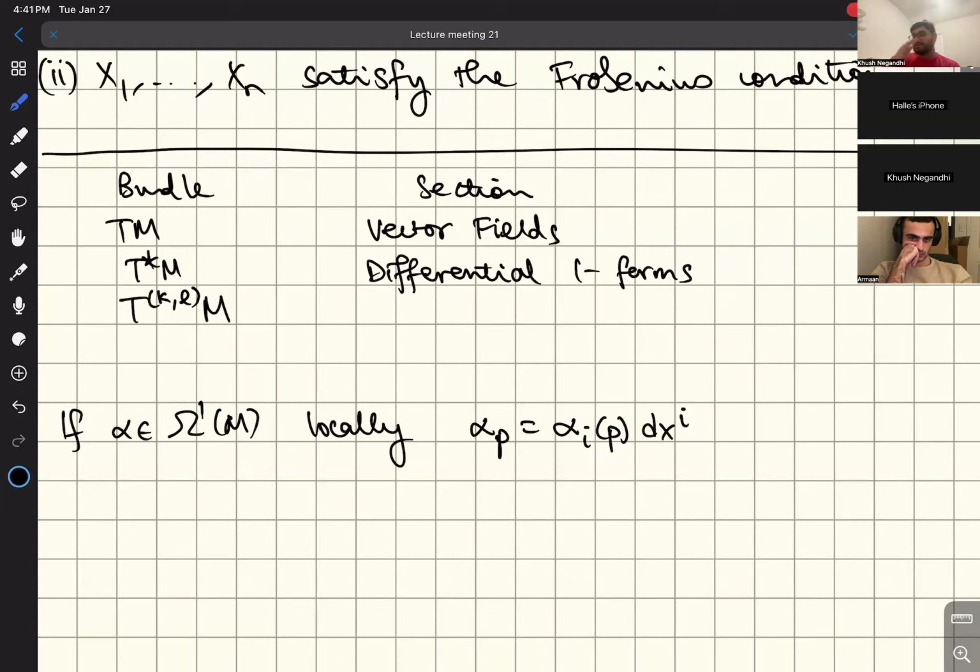And then a section of this would be, at each point, I associate a differential one form.